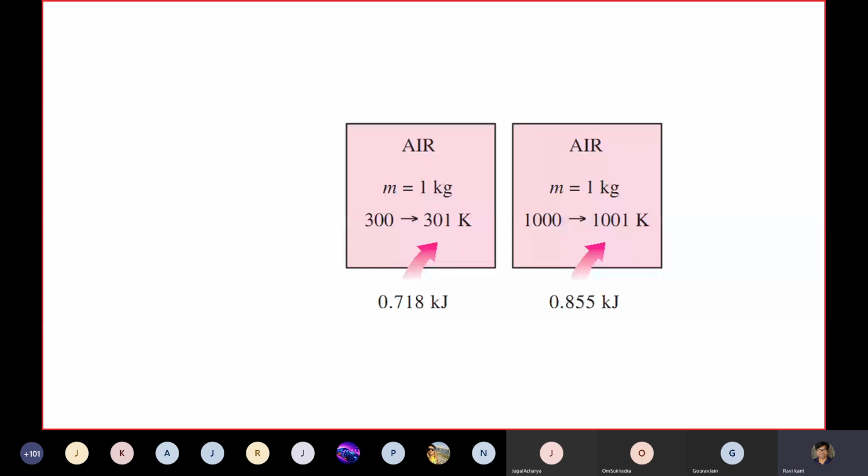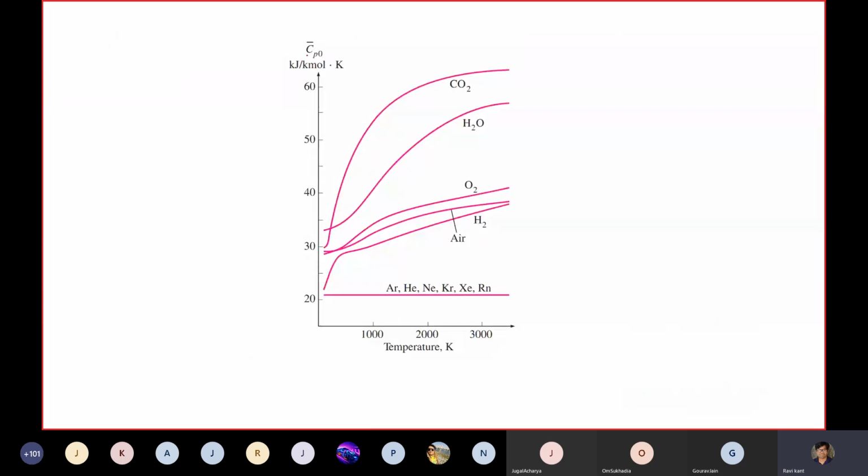Okay. The next thing I want to talk about is the dependence of these specific heat quantities, Cv and Cp, on temperature. It has been seen through experiments that Cp and Cv are generally a function of temperature as well.